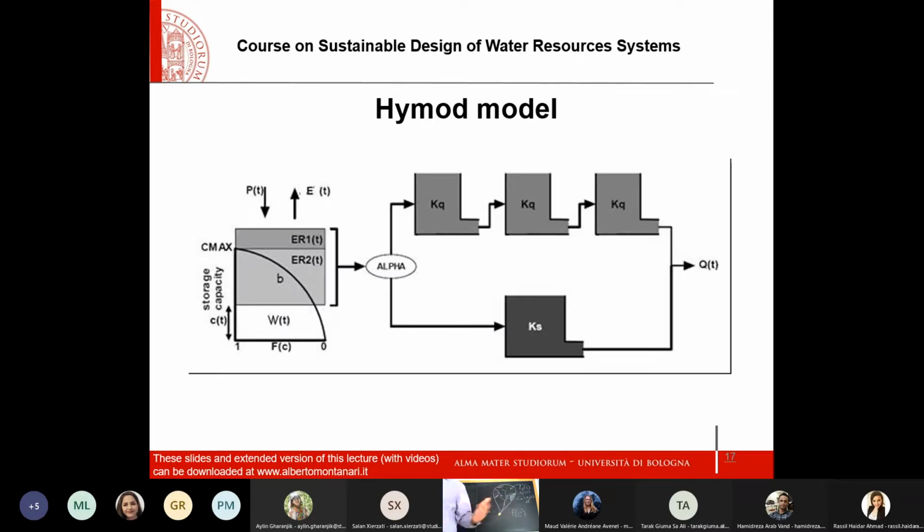And this is the classical scheme. When the model was presented, the author proposed this scheme to depict it by including everything, also including delay time and evapotranspiration.